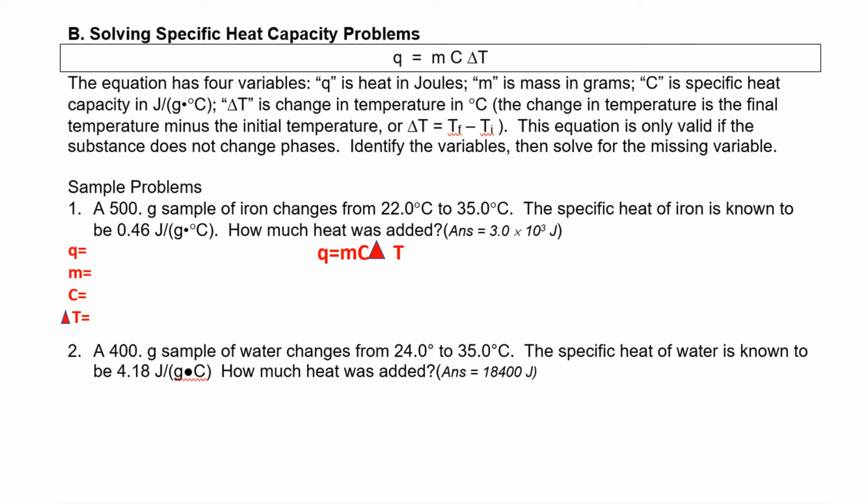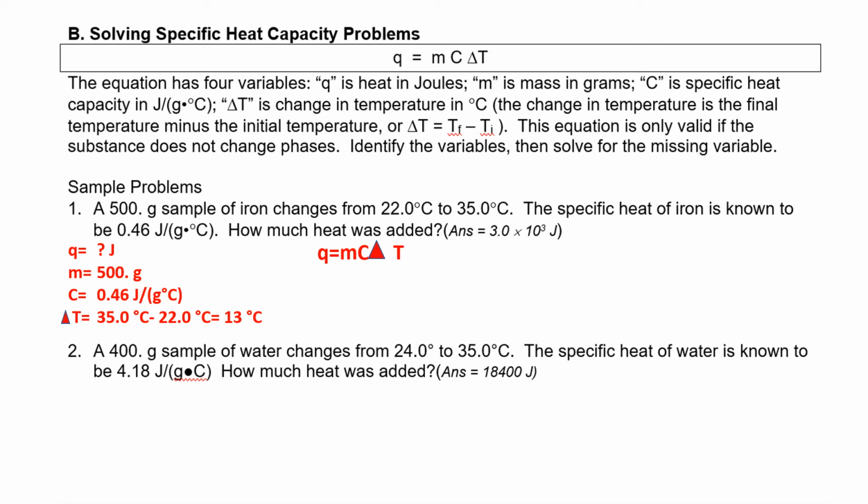We went from 22 to 35. So to figure out the change in temperature, you would take 35 minus 22, and that would come out to be 13 degrees Celsius.